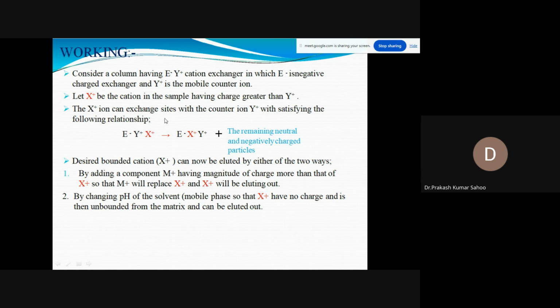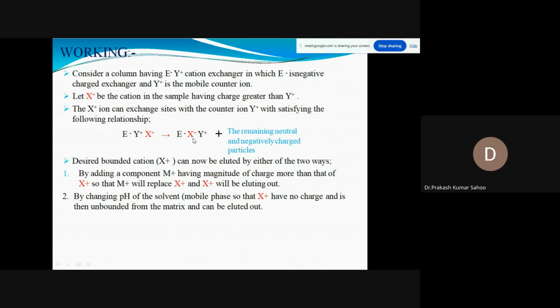So in the cation exchanger, the Y plus is now replaced by X plus, having more positive charge. After the formation of this type of complex, the X plus can be eluted out in two ways.